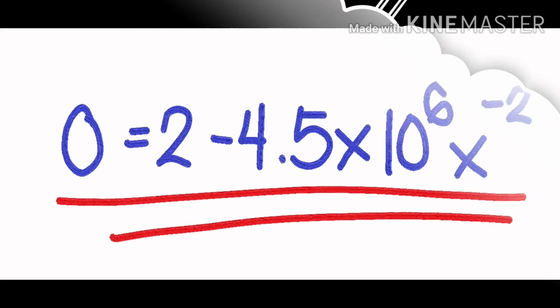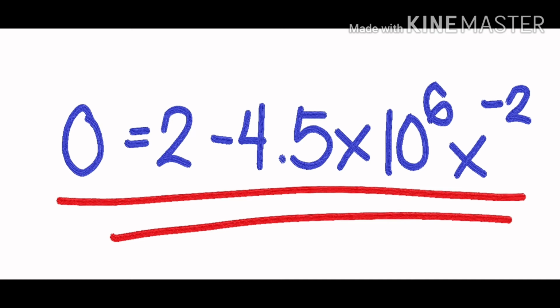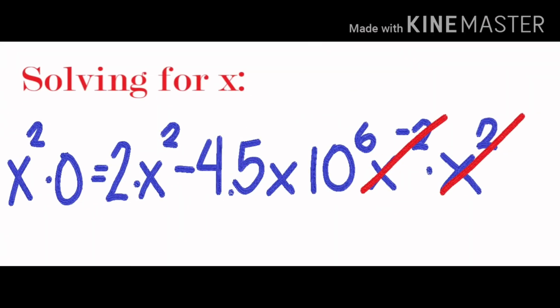We're setting P prime to 0. So, our P prime is now 0 equals 2 minus 4.5 times 10 raised to 6 x raised to negative 2. And now we're solving for x. Multiply each term by x squared.